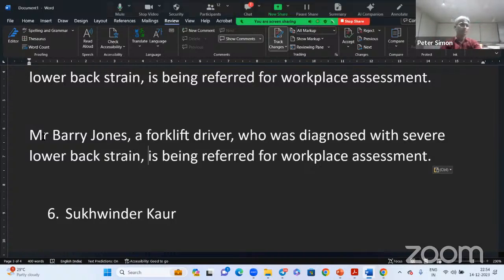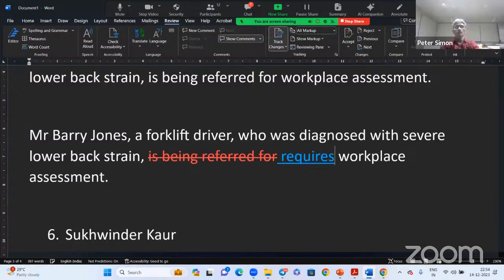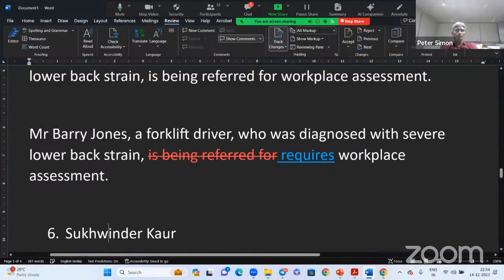Is there anywhere given is being referred? No. So don't take chances. Requires workplace assessment. Finished. Otherwise, everything is fine.